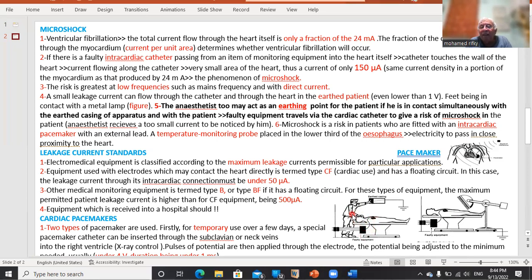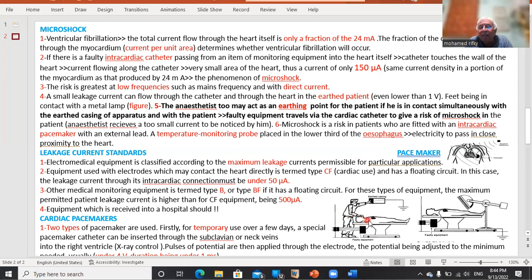And the anesthetist is touching the patient, and his other hand is touching the electrical equipment which is earthed. You see, the minimal current that can reach 150 microampere can affect the heart through a very minimal area touched. So this is what we call the current density.